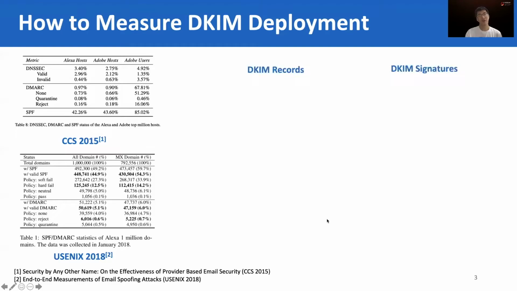From the previous description, we know that there are two main ways to obtain DKIM information. One is from DKIM records, and the other is from DKIM signatures. DKIM records are deployed in this specified domain. Because the selector is randomly specified, it's difficult to measure at scale directly.